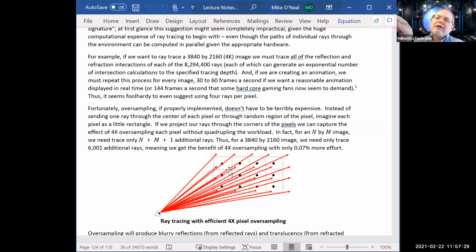So that way, every time a ray passes through and hits a surface and reflects and refracts, those reflections and refractions will go out in slightly different directions. When you sum it all back up, you end up with blurriness. And you can control the blurriness by how much you control the amount of random jiggle that you're going to do.